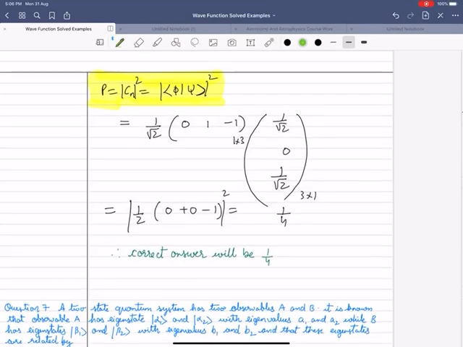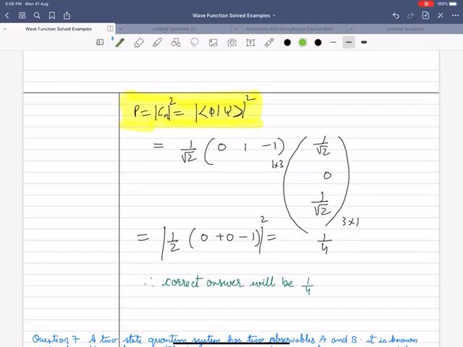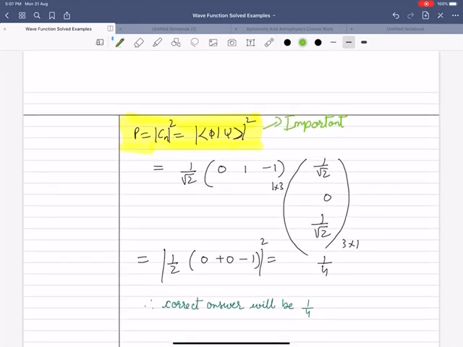Now, this is the important formula to calculate the probability. Let me show you how to calculate c. I have told you that to find the probability you take the mod of c square. So how do we find c1, c2? Psi is equal to c1 phi 1 plus and so on.